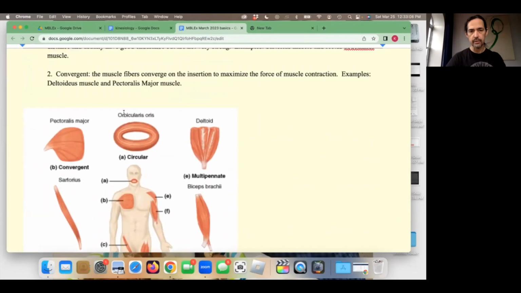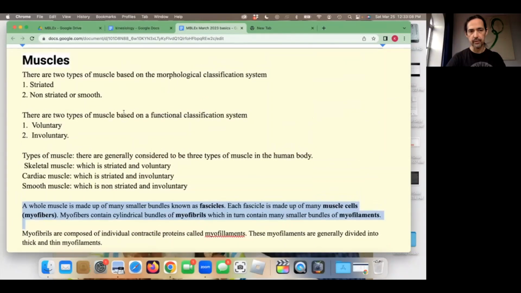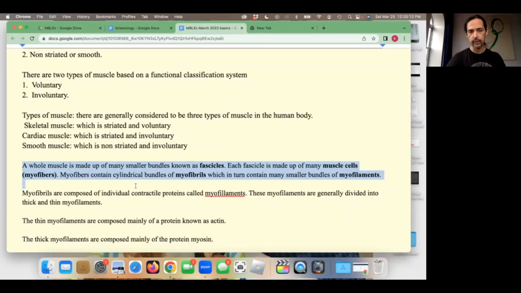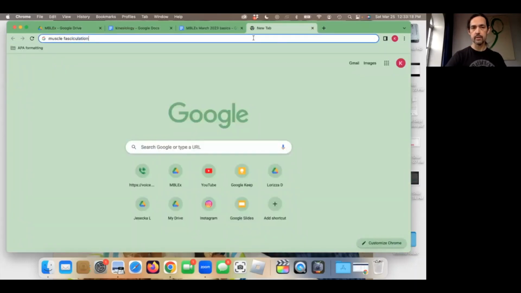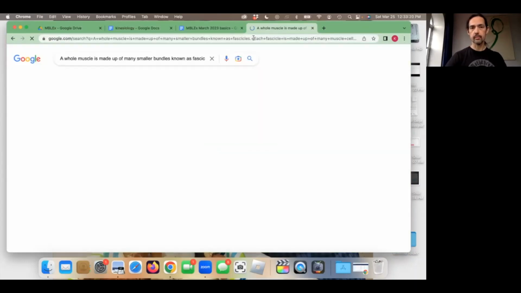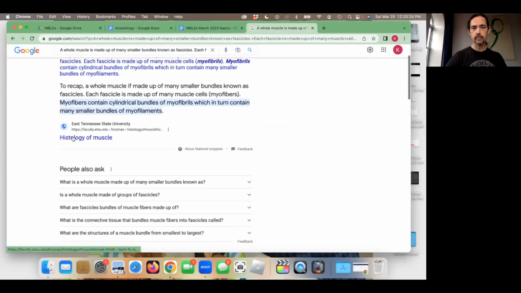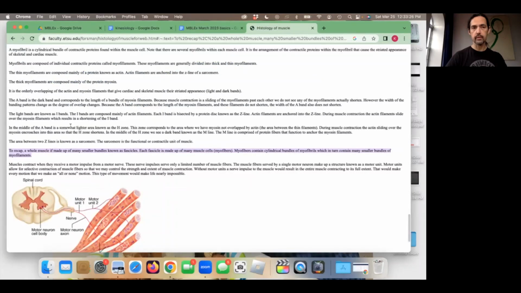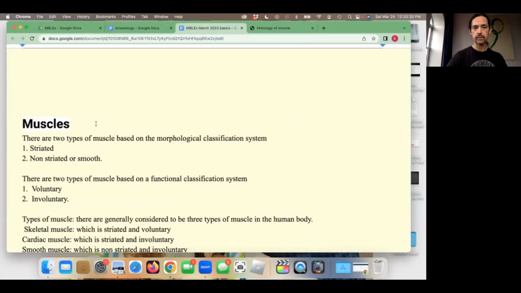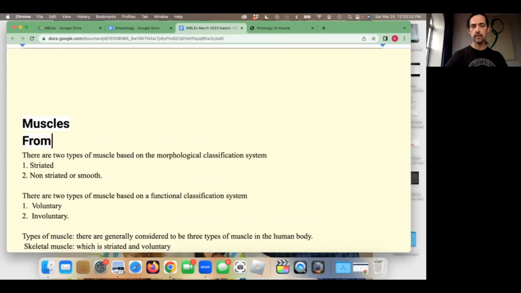No reference for this, which I pulled off of the web, like most of my stuff, and it's actually a really good reference. Yeah, here we go. All right, so let's put the reference in.